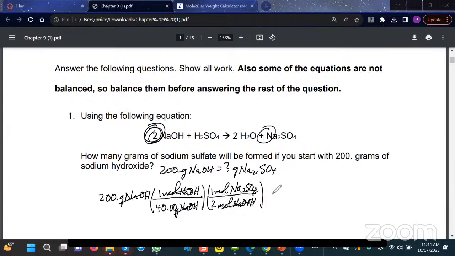So what's the next step? What's the next conversion factor? What goes up top and what goes below?